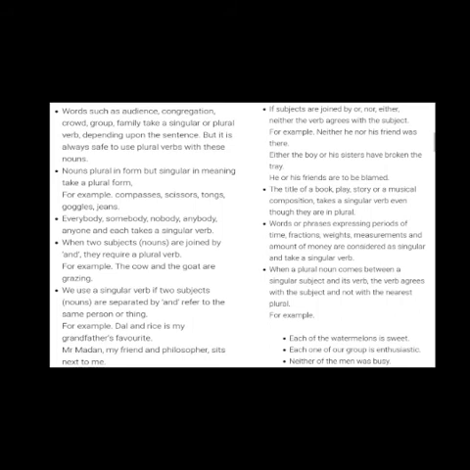Everybody, somebody, nobody, anybody, anyone, and each always take a singular verb. "Nobody is here," like this. When two subjects are joined by "and," the plural verb is required. You all know that. But we use a singular verb if the two subjects are separated, even with "and."